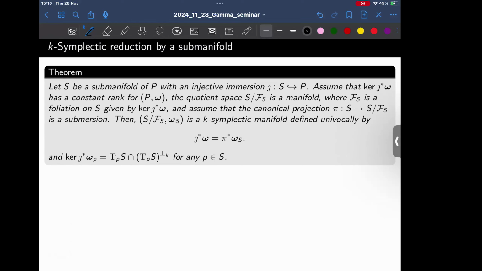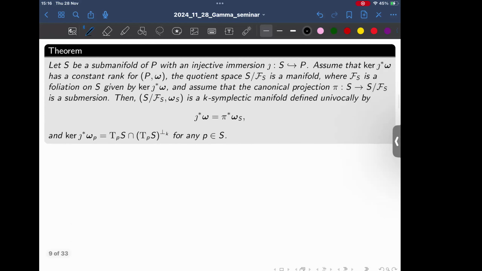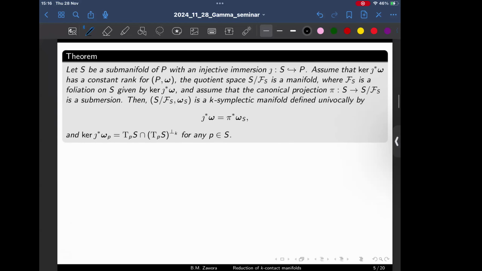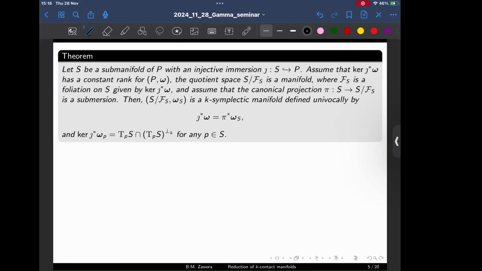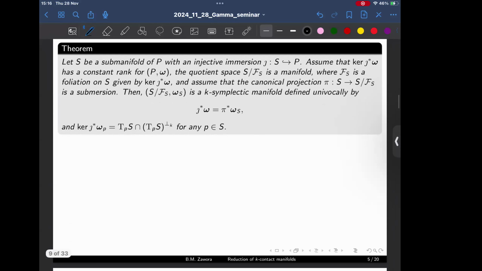Now we have a very general k-symplectic reduction by a submanifold. Suppose S is a submanifold of P with an injective immersion. Let me draw a picture.